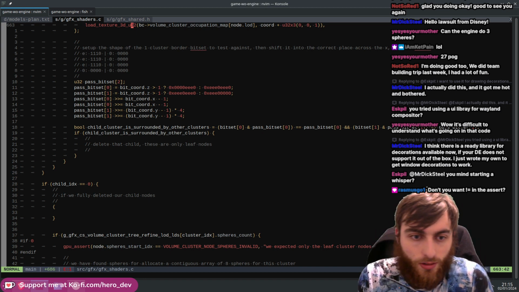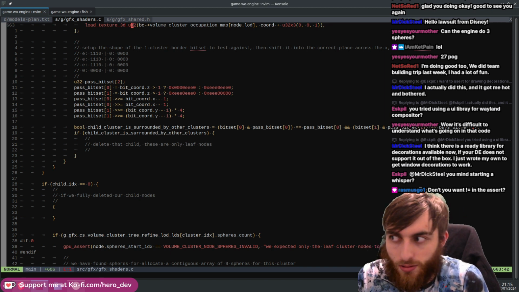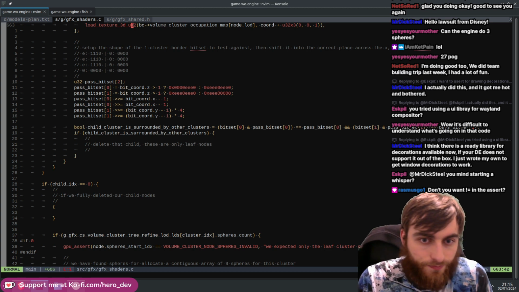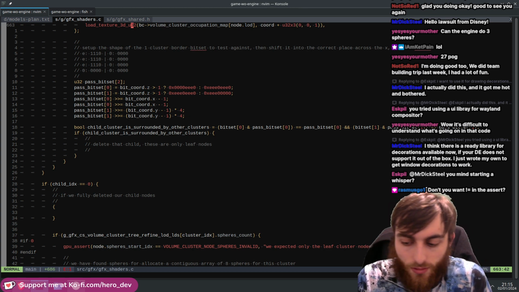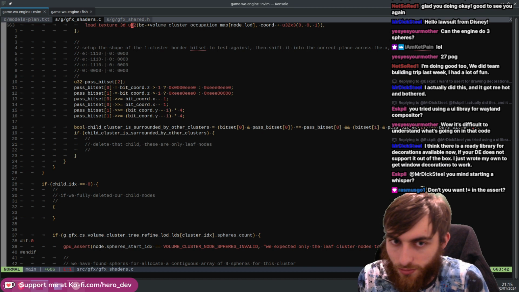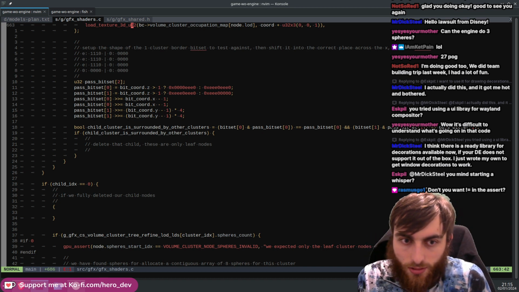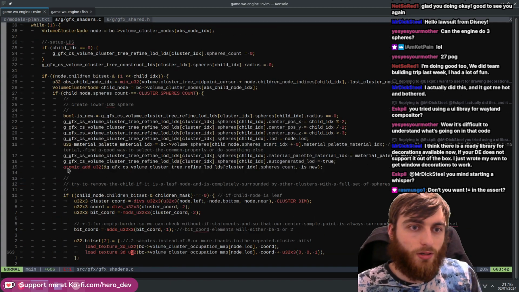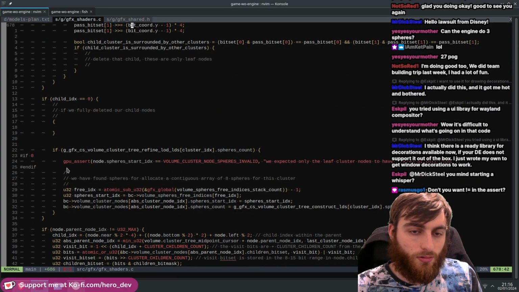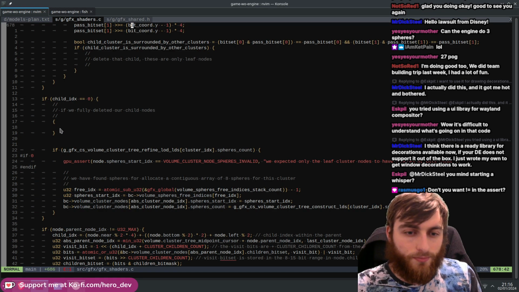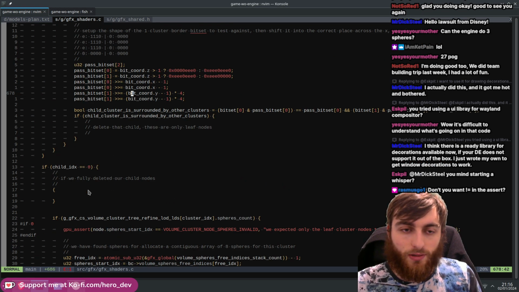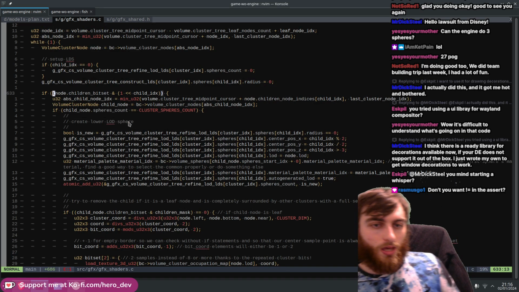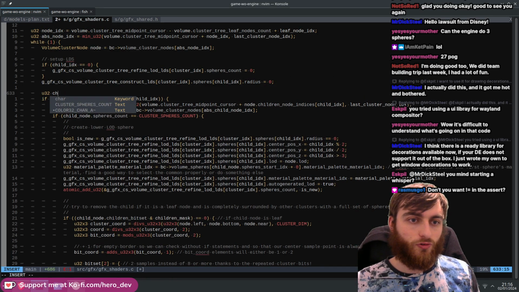So after you've done the refine, okay. So we just now need to keep track of some form of bit set, like the children bit set.